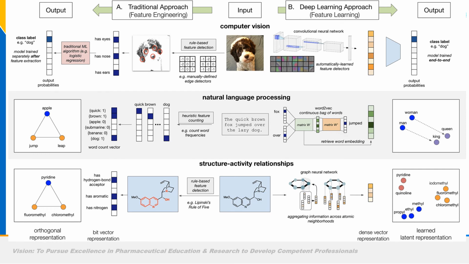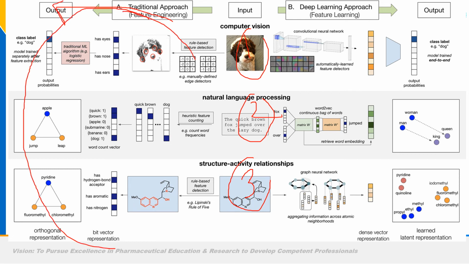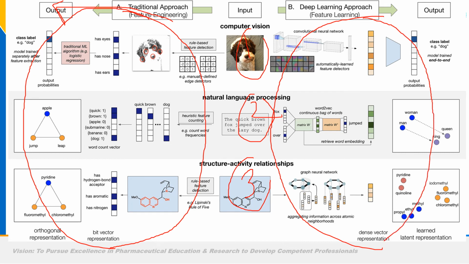This last image I have taken from the same paper. This is input number 1, input number 2 and input number 3, right? On the left side you are seeing the traditional approach for machine learning model training, and on the right the recent or latest deep learning methods. This is the image of a dog, a computer vision problem. Through machine learning you want to identify whether the image is of a dog or not.